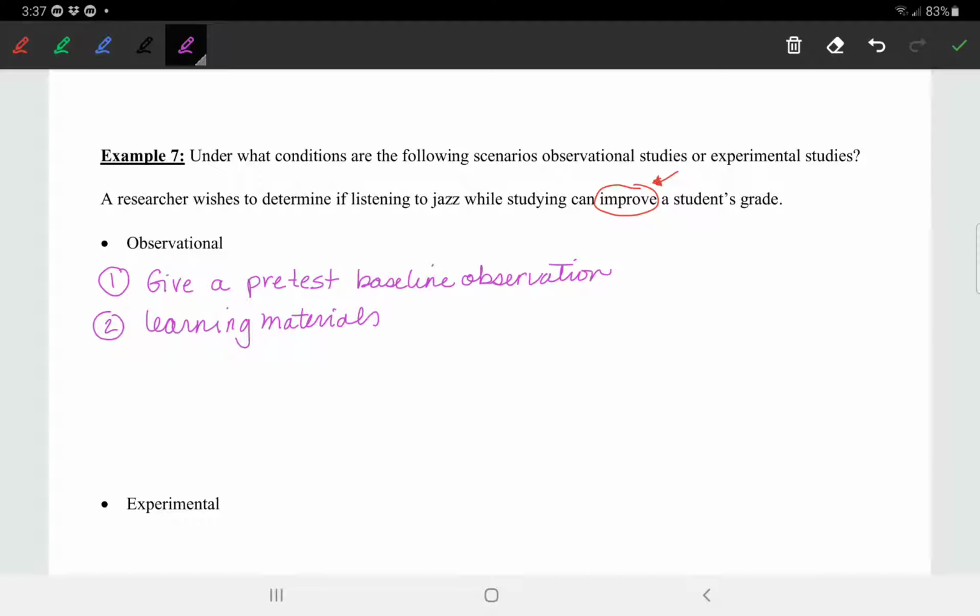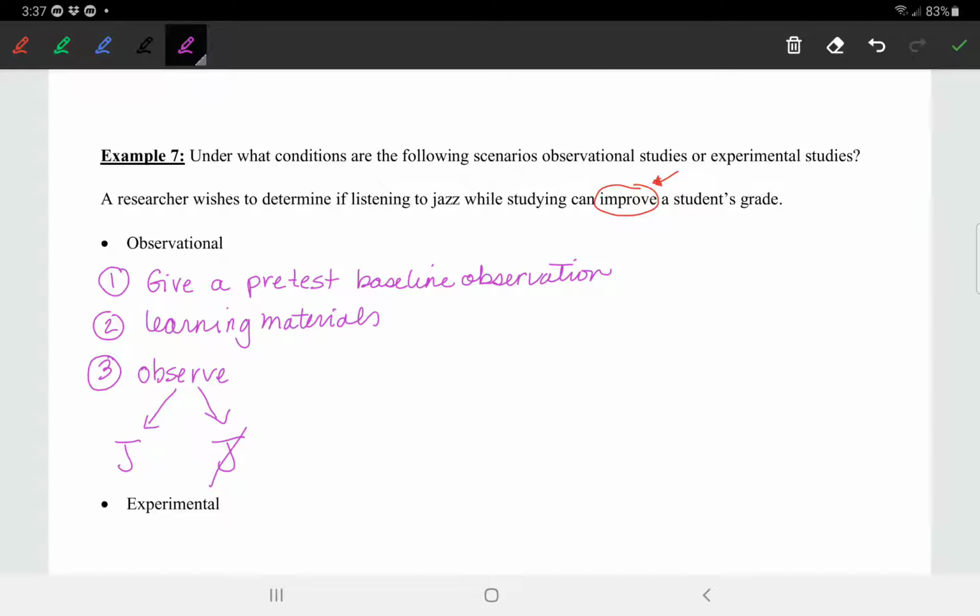So we give out the learning materials, you leave them alone, and then you start observing. Some of the students are going to listen to jazz. They will break into two groups. There will be those that listen to jazz and those that do not listen to jazz. And the researcher has no effect on this. The sample is going to naturally subdivide itself.